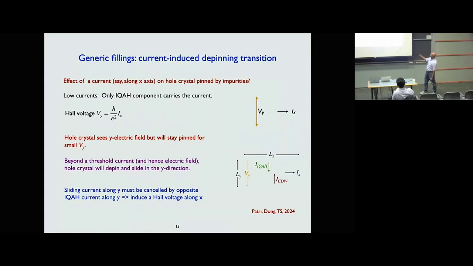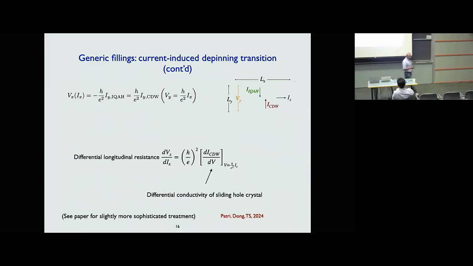But this integer quantum Hall current that develops in this direction will then lead to a Hall voltage in the x direction. So then I'll get a resistance in the direction of the current flow, a longitudinal resistance. The longitudinal voltage, the voltage along the x direction, is h over e squared times the y component of the integer quantum Hall current, which is exactly the same, up to sign, as the y component of the CDW current, evaluated at a voltage which is given by h over e squared times Ix.